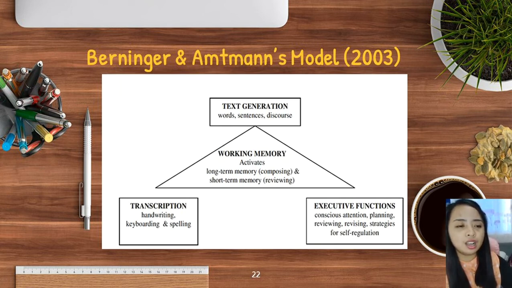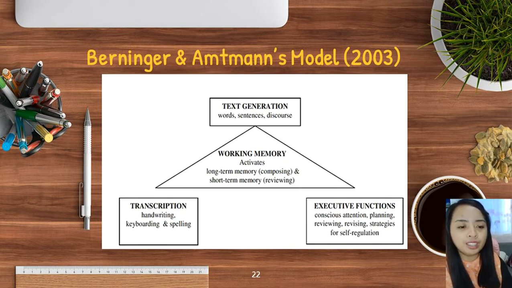So let's discuss it one by one. In text generation, it is the process of encoding ideas into language for writing at the word, sentence, and discourse level. So it involves oral language, as writers use their oral vocabulary and grammatical knowledge to generate words and sentences for their text.